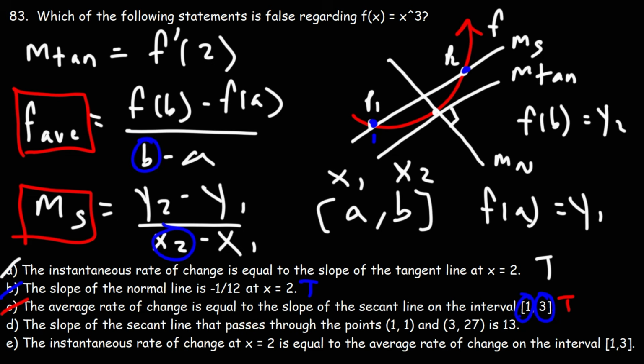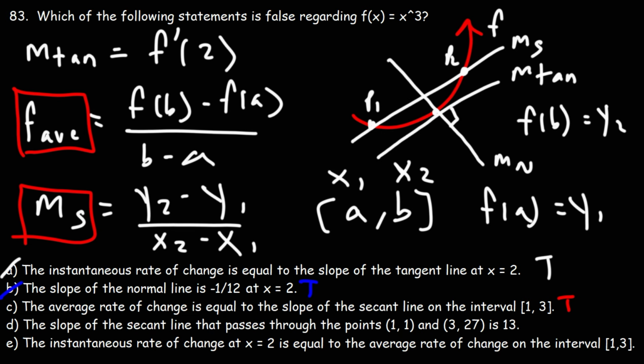So we need to be using the x values 1 and 3 as the endpoints, or those points will at least have to be on the secant line for that to be true. I just want to make you aware of that fact. But for the most part, as long as those points match, the slope of the secant line will equal the average rate of change on the interval 1 to 3, as long as the secant line passes through those x values.